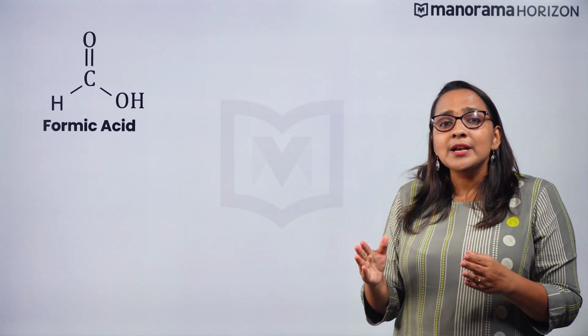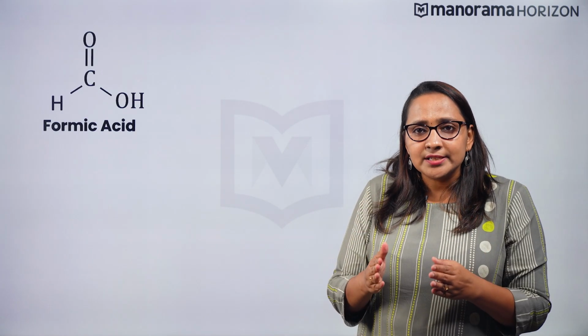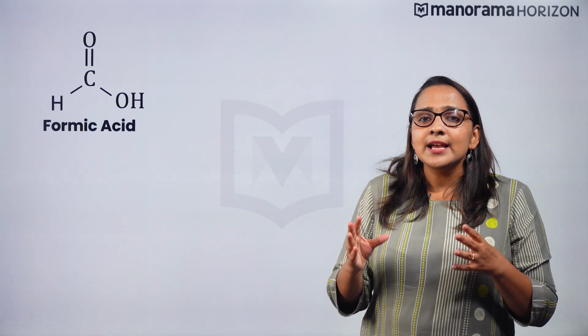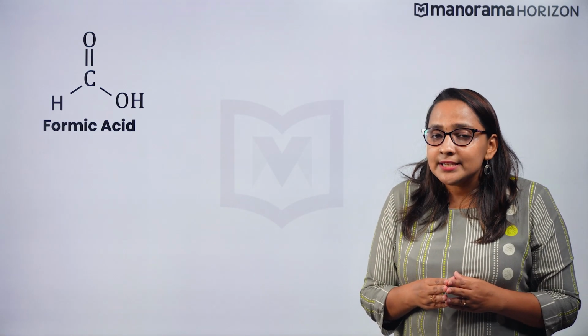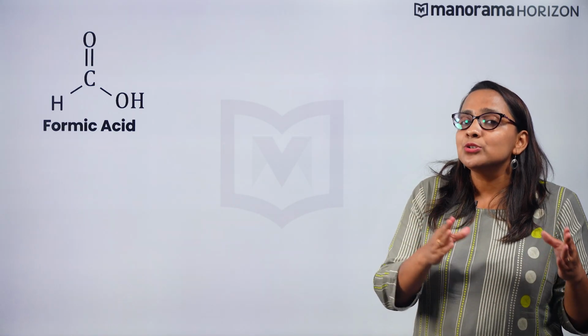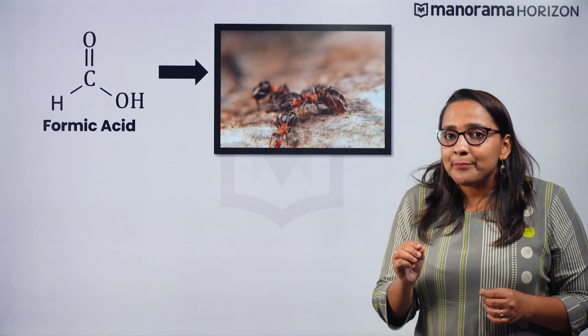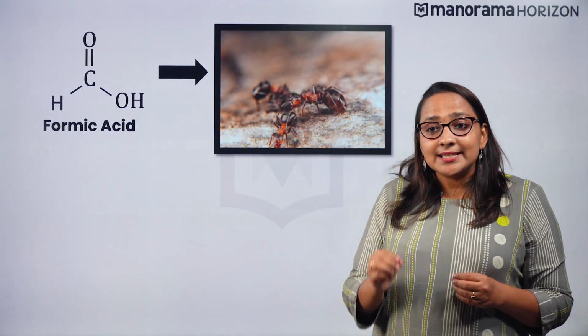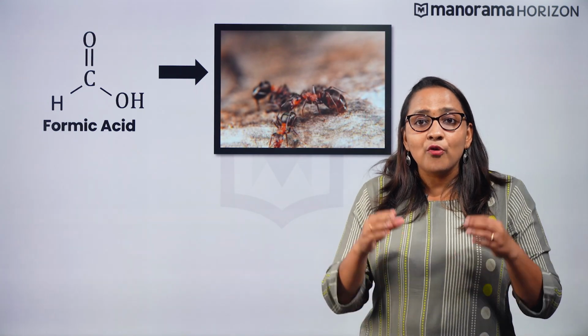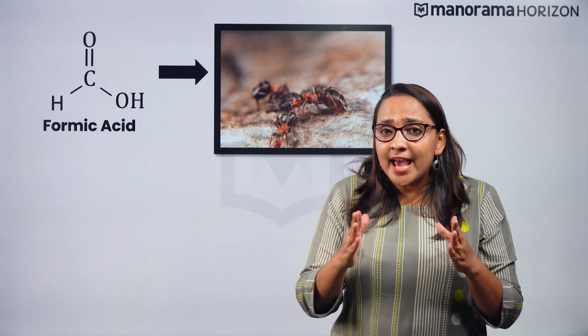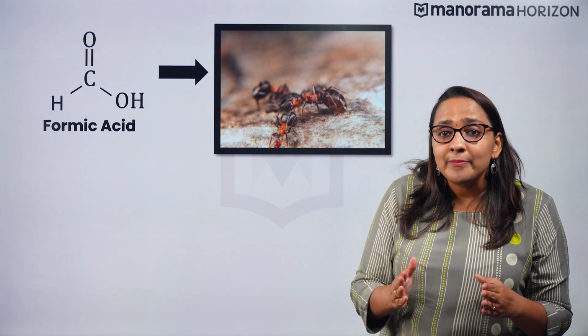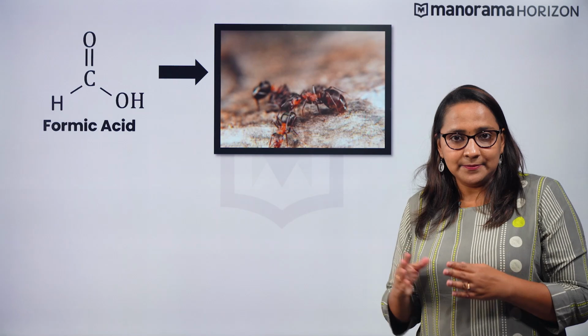Here, the common names end with the suffix ic acid and have been derived from Latin or Greek names of their natural sources. For example, formic acid, that is HCOOH, was first obtained from red ants, in Latin formica, which meant ant.